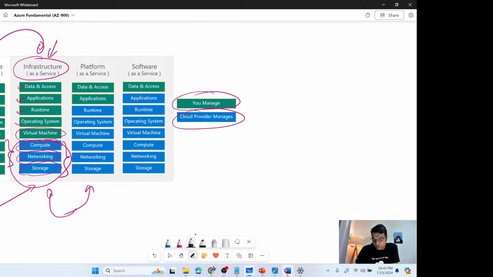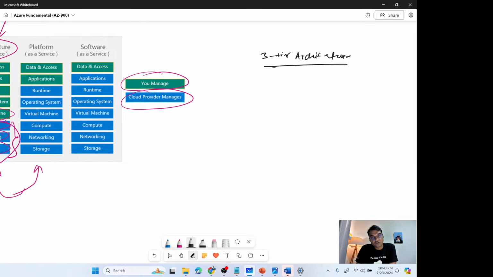If you are new in IT, a very common architectural pattern that you would have to understand is called the three-tier architecture. So three-tier application, what they are, how do they work, right? A three-tier application in IT means that we are talking about Bella's website.